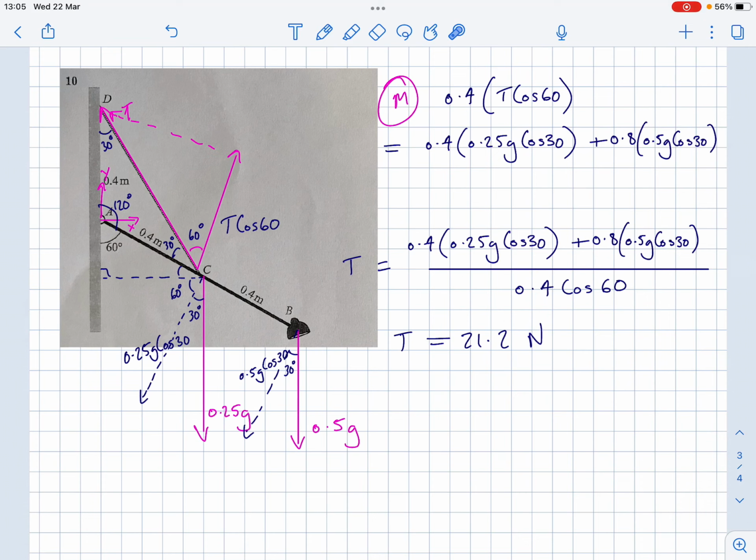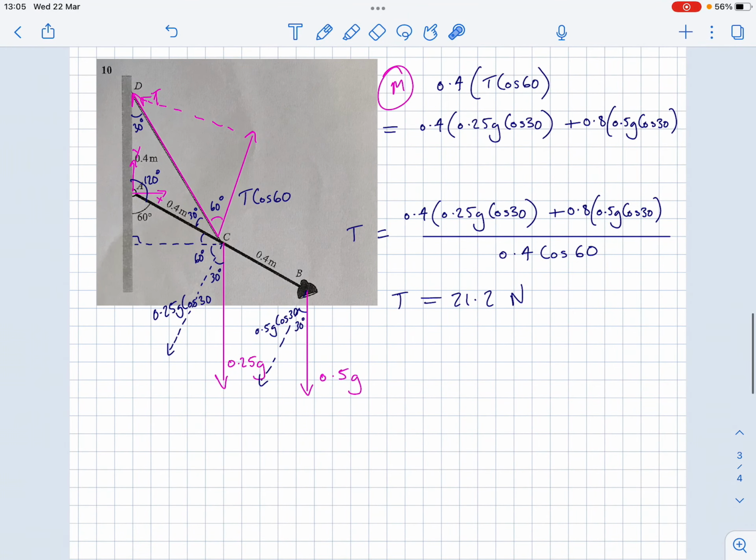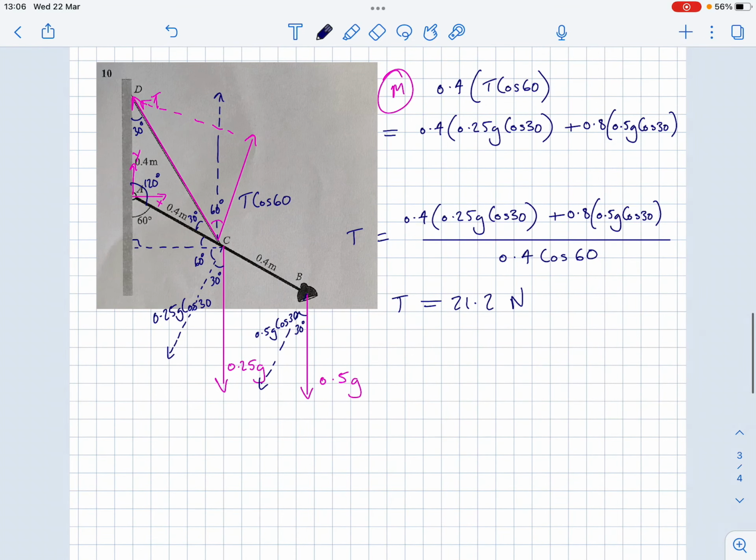The tricky bit with this question is we've got to re-resolve the tension, because we now want to form equations with vertical and horizontal forces, and this angle here is going to be 30 degrees.